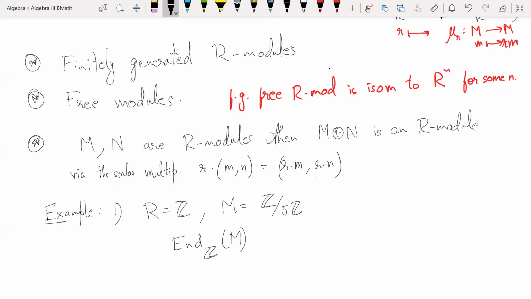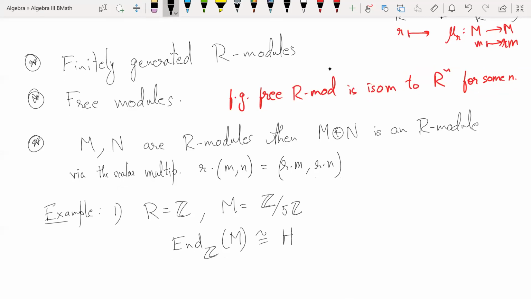So basically, you're looking at all group homomorphisms from Z mod 5Z to Z mod 5Z. And that's basically isomorphic to Z mod 5Z. So maybe I'll write it this way.